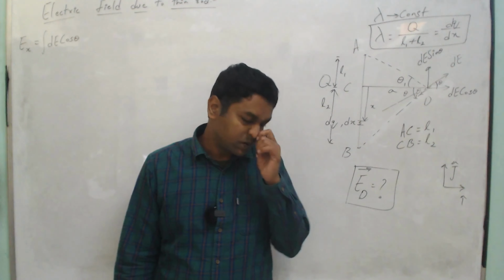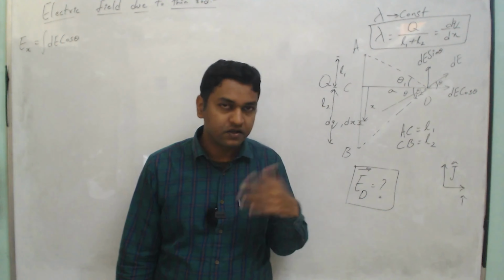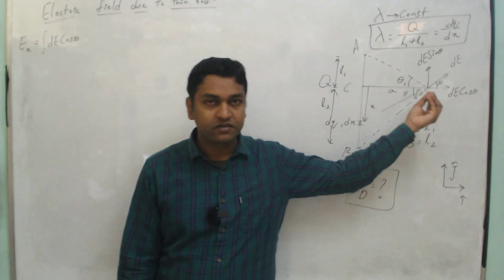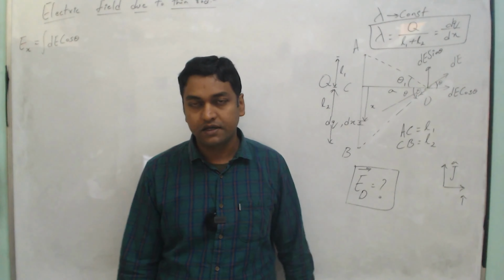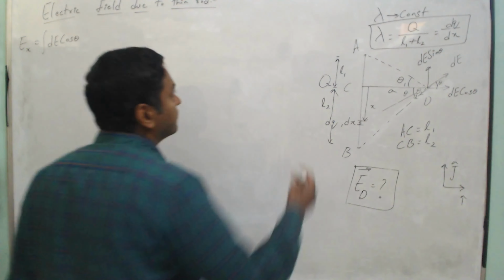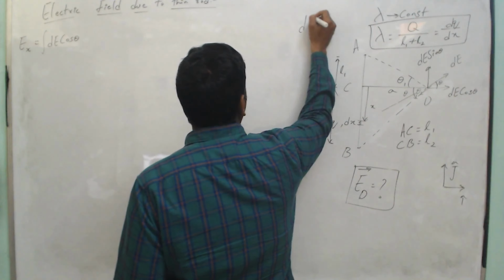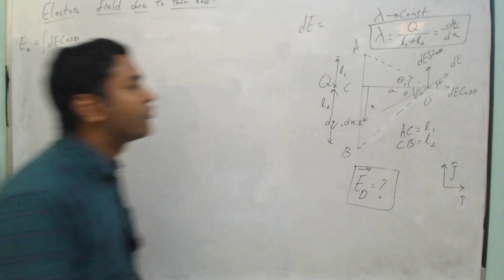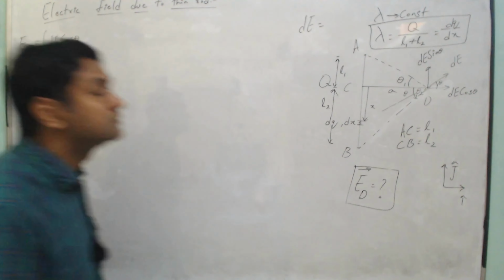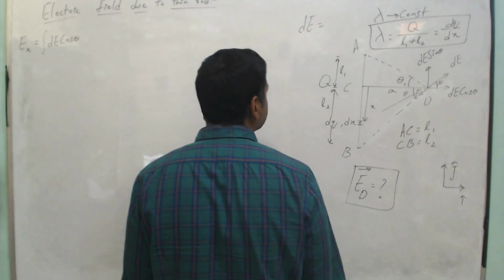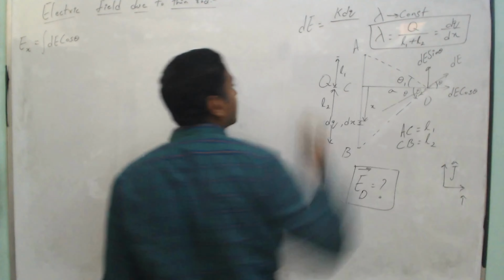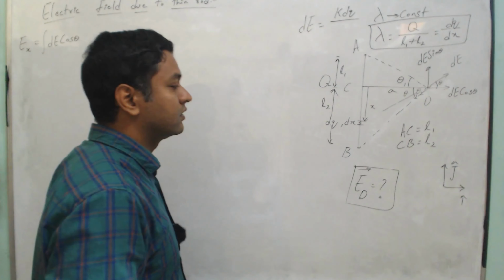Now all I have to do is figure out if I have to convert in terms of theta or x, right? Yesterday we did the substitution. So what is dE? dE is equal to k dq by, under root L2 square plus a square.